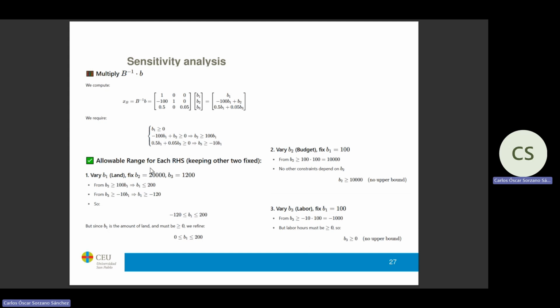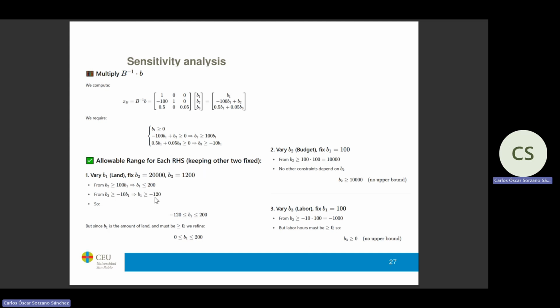Now we fix all of them except one, and then we see which is the range for b1. So b1 has to be larger than 0. Then from the second one, b1 has to be smaller than b2 divided by 100. b2 divided by 100 is 200. And from this one, b1 has to be larger than b3 divided by minus 10.